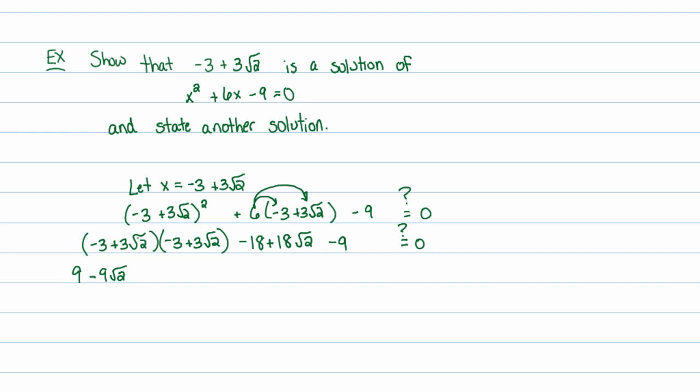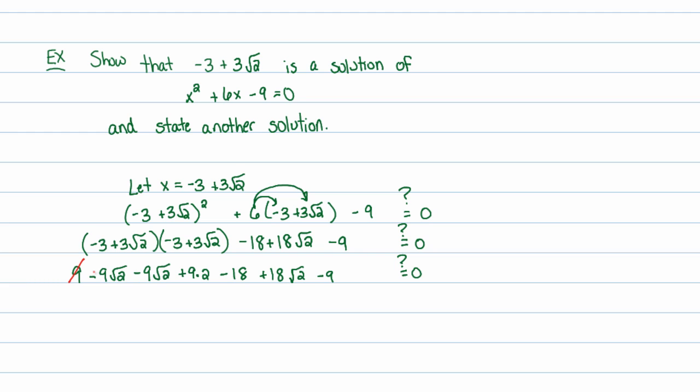Positive 3 root 2 times a negative 3 is a negative 9 root 2 again. And 3 root 2 times 3 root 2 is a positive 9, and the square root of 2 times the square root of 2 is a positive 2, so 9 times 2. And then minus 18 plus 18 square root of 2 minus 9, and we still want to know, is that equal to 0?